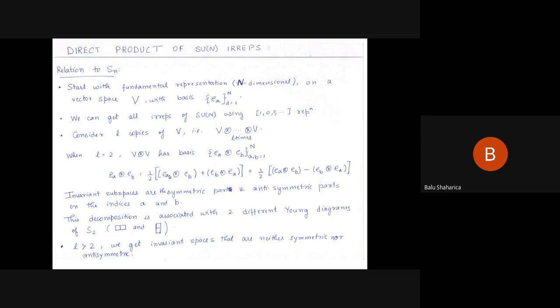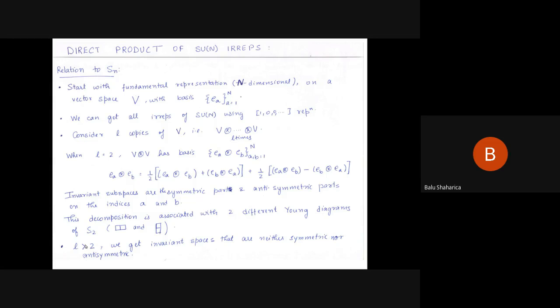We'll need n into n, so n square basis vectors, because we do this decomposition for all indices A and B, for each of these vectors. And this basically decomposes into invariant spaces. So this is one invariant space, and this is another invariant space.